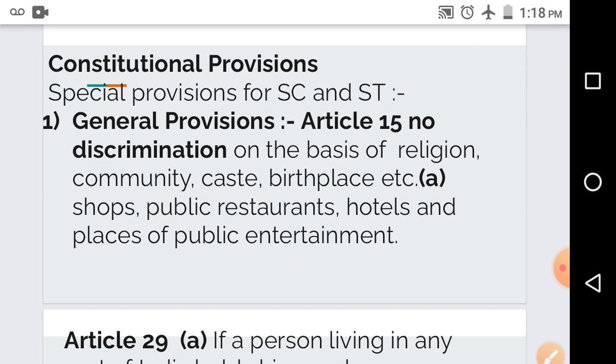B. For using wells, lakes, bathing places, and roads, there should not be any condition for these people to use these public places, which are under the control of the state government. Hence, as per Article 15, no discrimination on the basis of religion, community, caste, and birthplace is allowed.